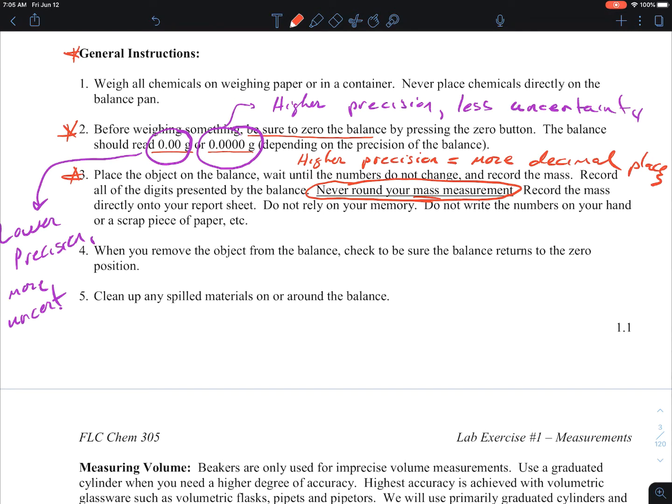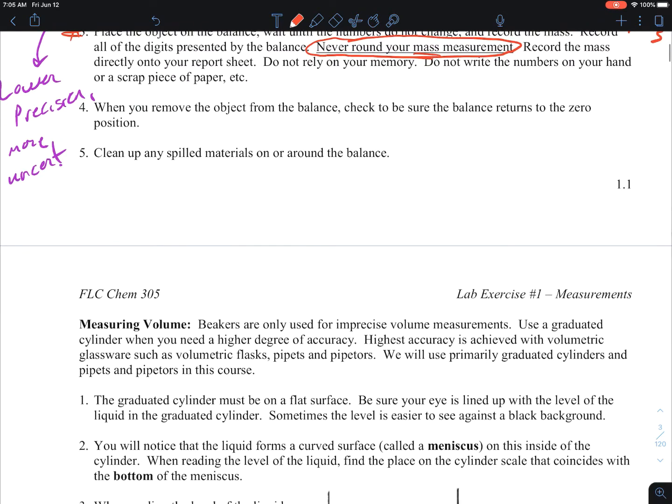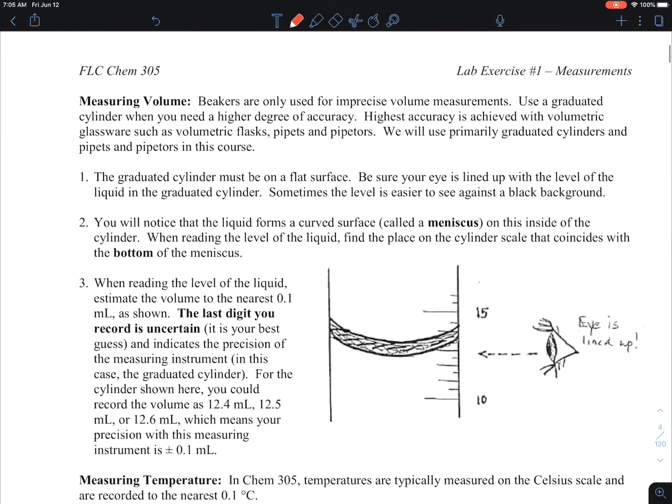In other words, the scale already does the rounding for you, and that last digit is uncertain. So you don't have to read the scale and do any rounding. Just record whatever you see. And that's the two things that I really wanted to point out in terms of some general instructions.